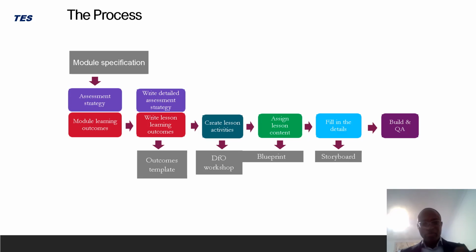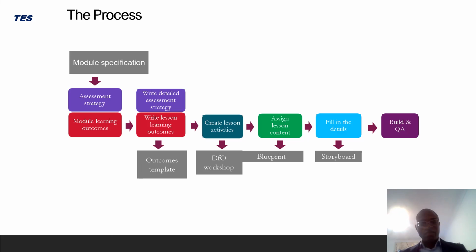So the broad process of design in online learning, usually you see this stated in the module specification, okay, which has module outcomes and learning outcomes, week by week lessons, okay. And then there should be some kind of assessment strategy, okay, and then that should lead to some content development, okay, create lesson activities as well as content.